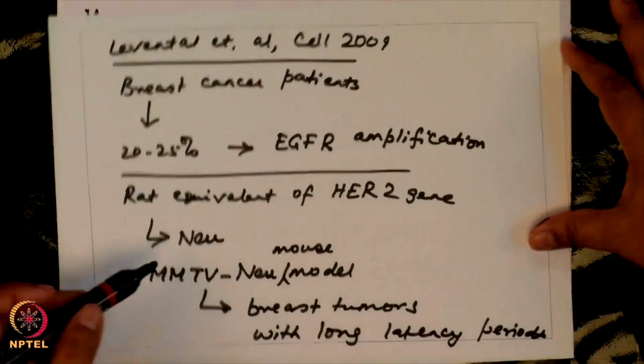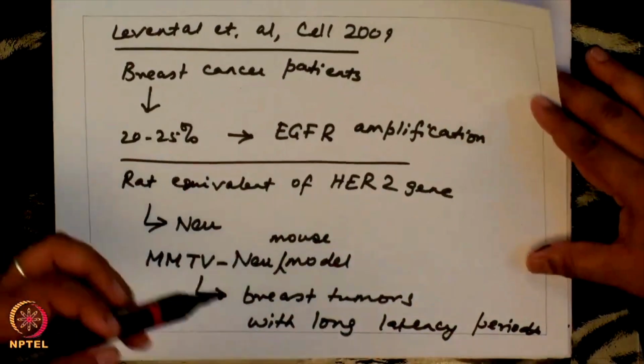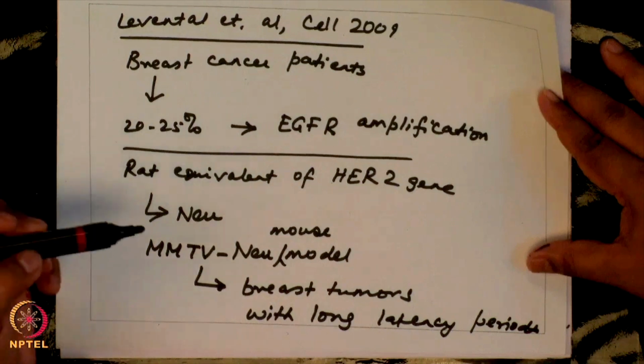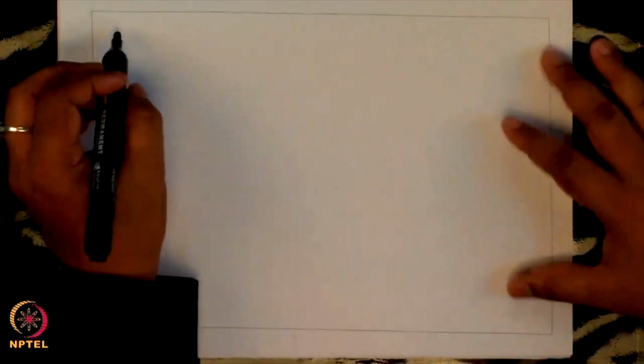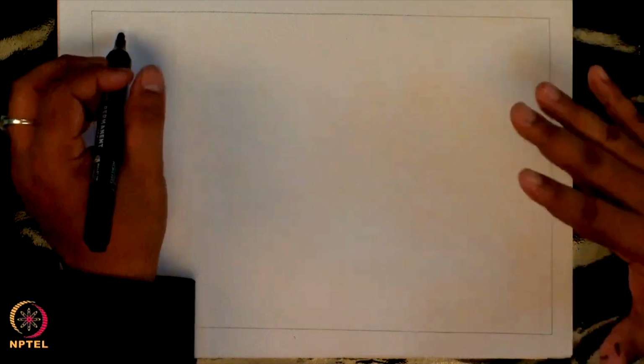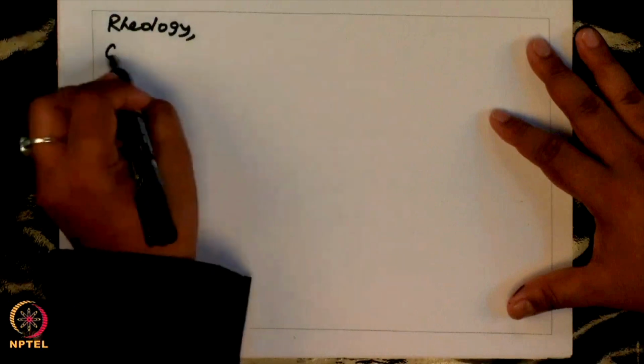So, you have this mouse model in which you can induce expression of NEU, which is a rat equivalent of HER2, and track how tumors form and progress. What they first did, just like in vitro they used polyacrylamide gels or collagen gels to vary the stiffness, was to use rheology and compression measurements.